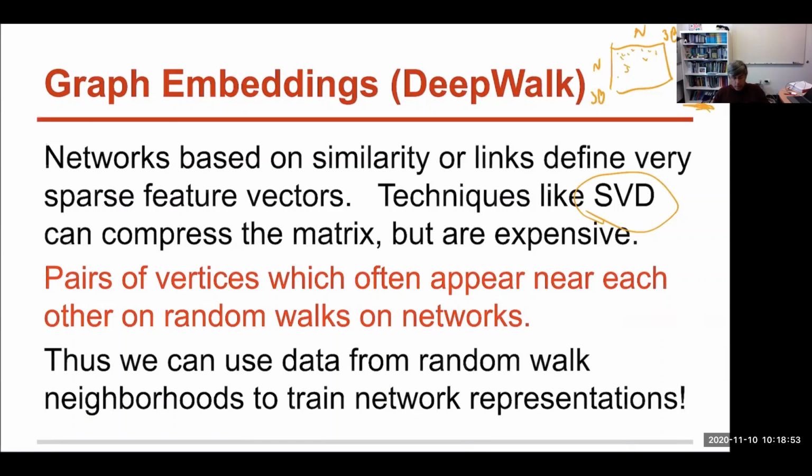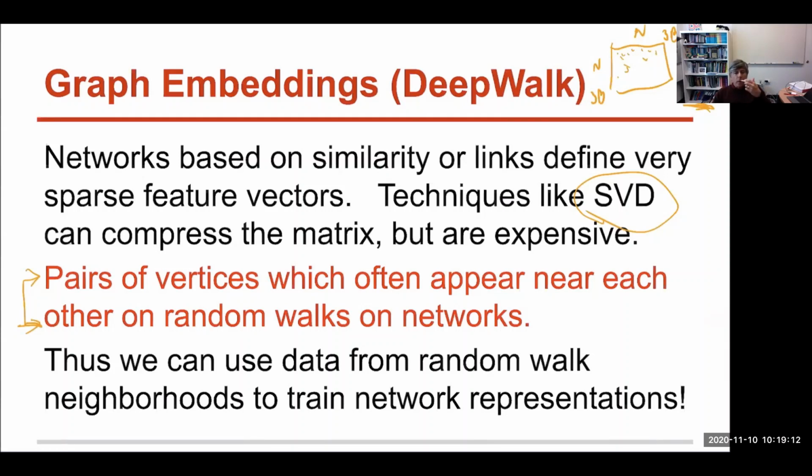One observation is that if you have two vertices that often appear next to each other on a random walk, or near each other on a random walk, then they are probably fairly similar vertices, okay?